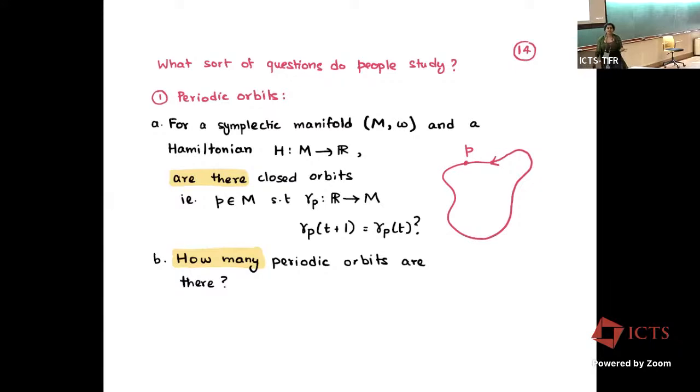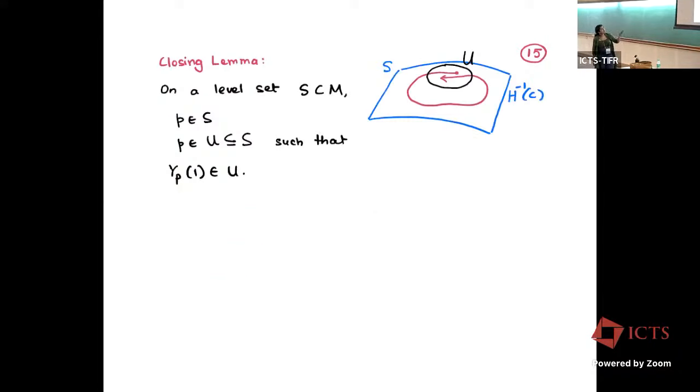So I'm not happy with it. I want something with smaller periodicity. So you want to know how many orbits are there, how big they are, how fast they come back, all of such questions. Then there's some famous problem called the closing lemma, which is slightly related.